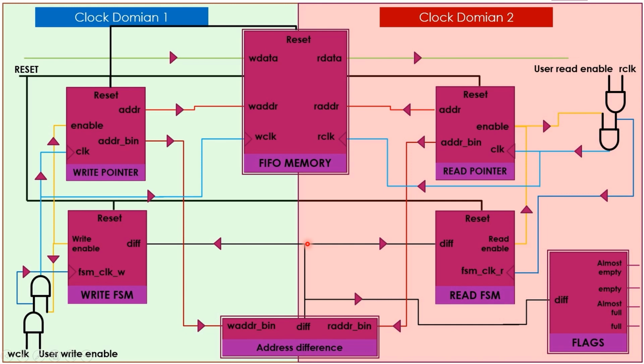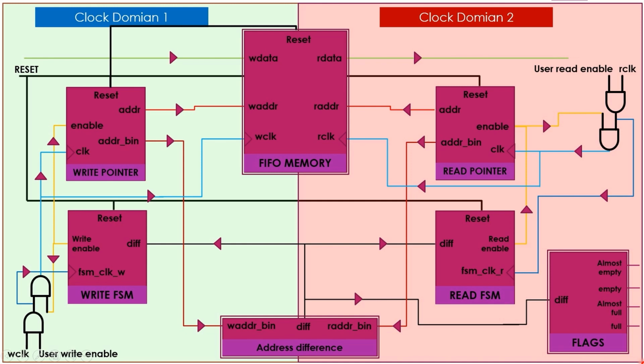This diff signal goes to the write FSM and the read FSM block, which is used to generate write enable and read enable signals at every positive edge of the FSM clock in write domain and the FSM clock in read domain, respectively. These enable signals tell the write pointer and the read pointer whether to increment the address value by 1 or not. They are also used to generate the write and read clock in their respective domains by taking an AND with the FSM clocks.